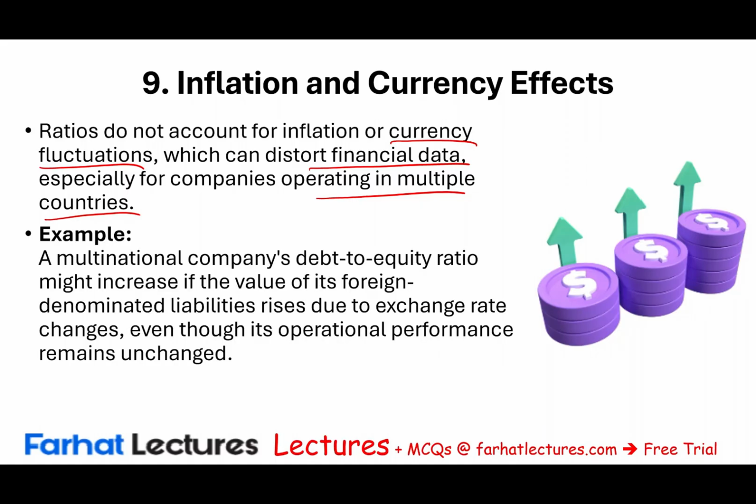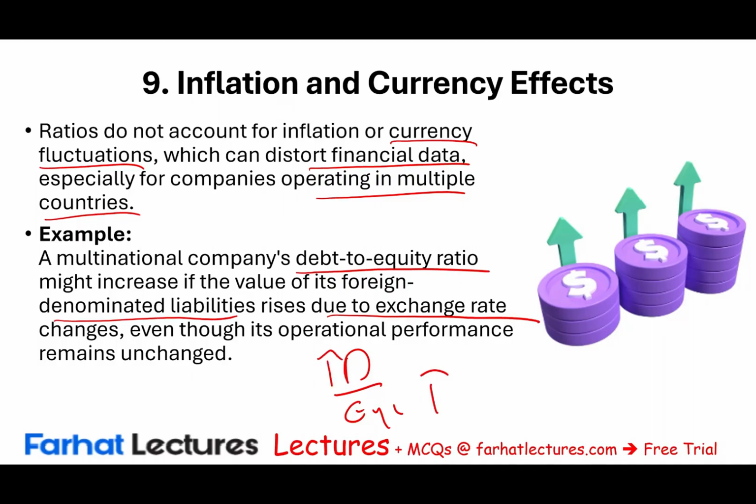The same thing applies if you are operating in an inflationary country. A multinational company's debt to equity ratio might increase if the value of its foreign denominated liabilities rises due to the exchange rate, even though its operational performance remains unchanged. So if you are operating internationally, your debt to equity will increase if the value of the debt goes up.